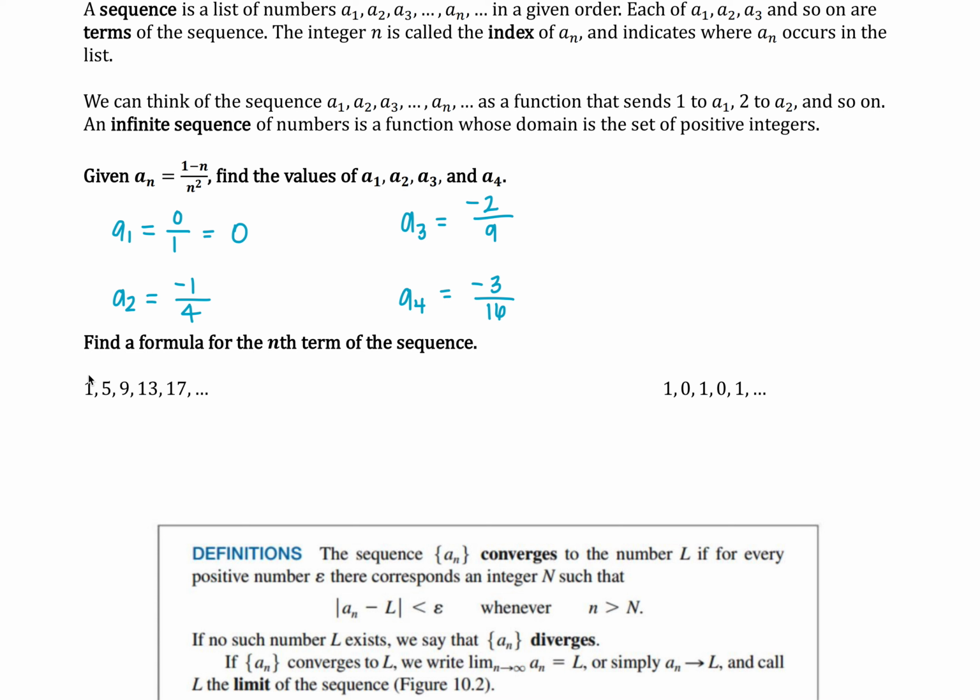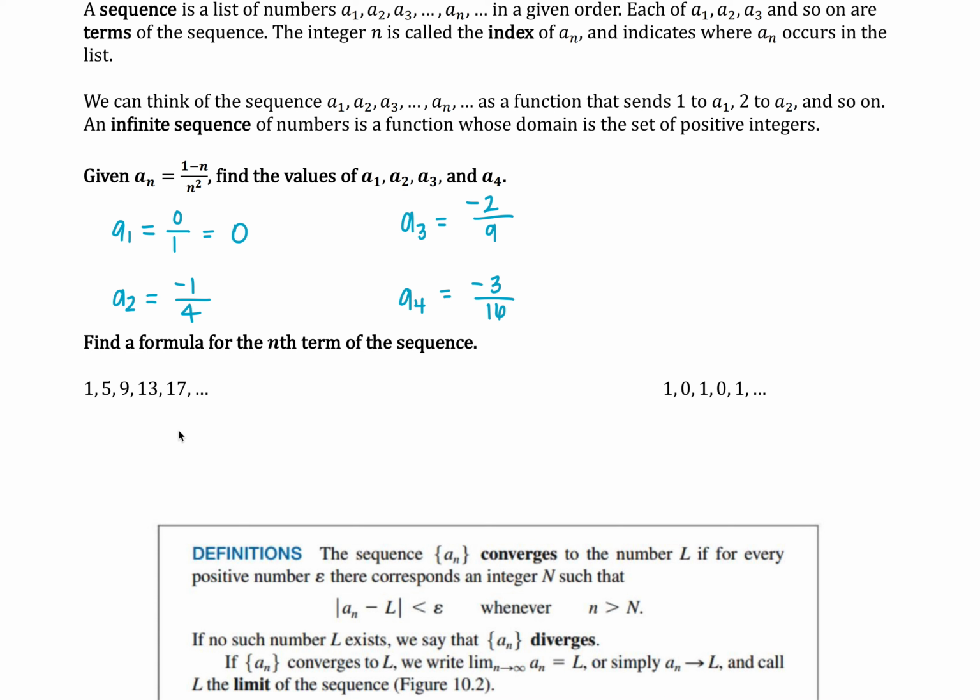You could think of that first term of the sequence as the point 1, 1, and the second term as the point 2, 5. Find the slope between them, which would be 4, and then plug that into one of the formulas for a straight line, and it would give you the formula for the sequence.